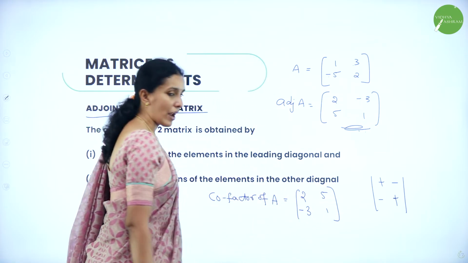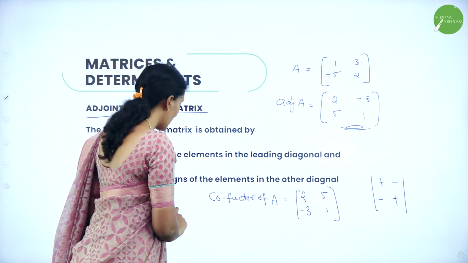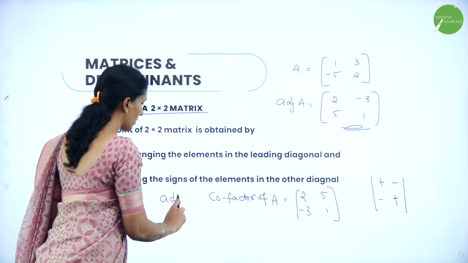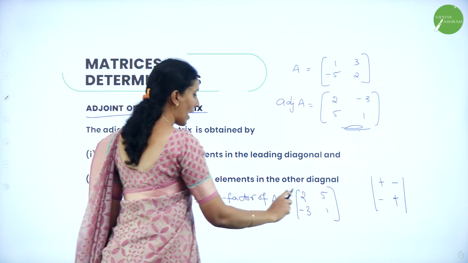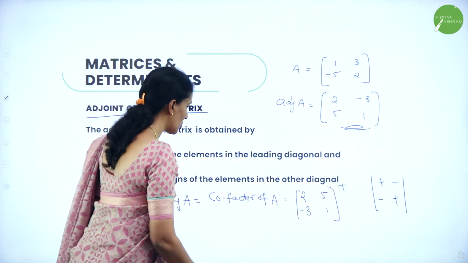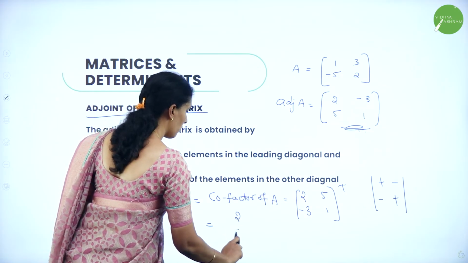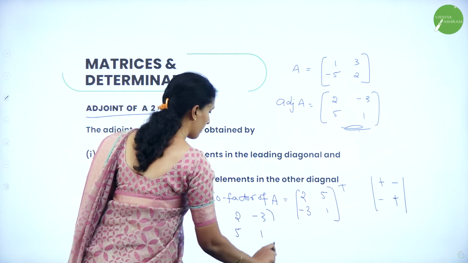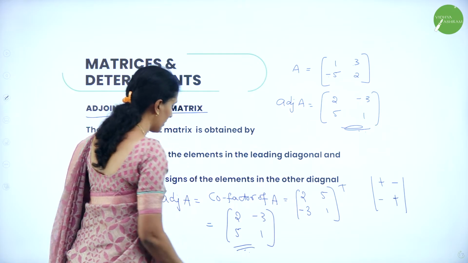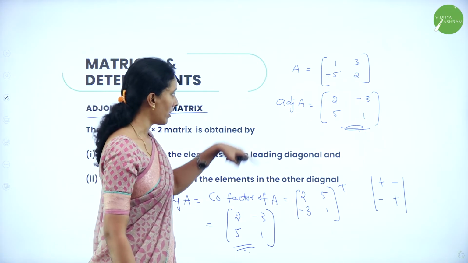So let's take the transpose of this matrix. Adjoint A is nothing but the transpose of the cofactor matrix. Transposing, it is 2, 5, minus 3, 1. So this is our adjoint A. Clearly you can see they are one and the same.